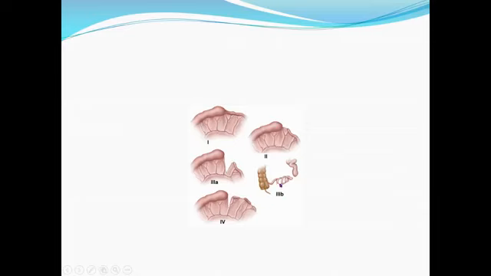Multiple segment atresia is also called type 4. It is very vulnerable in preterm or premature infants, premature neonates. All these things are common in premature babies.